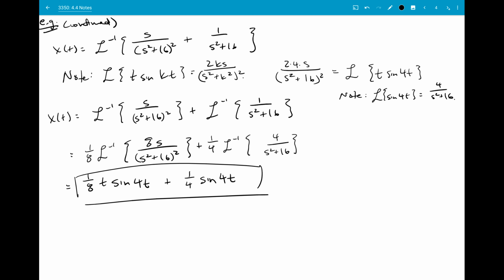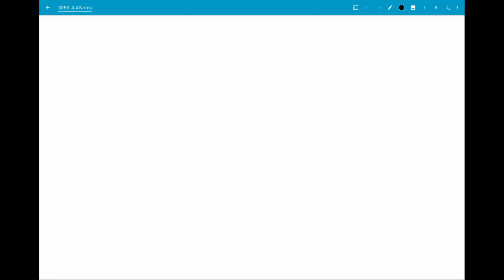Next up, we're going to do some examples that help us understand the convolution property. So this is going to be 4.4.3.